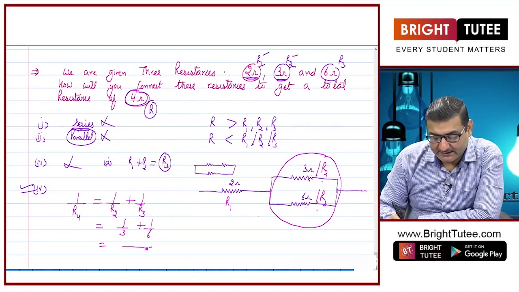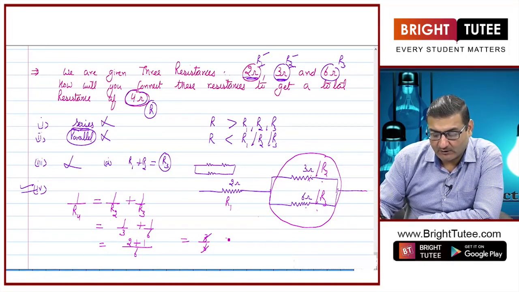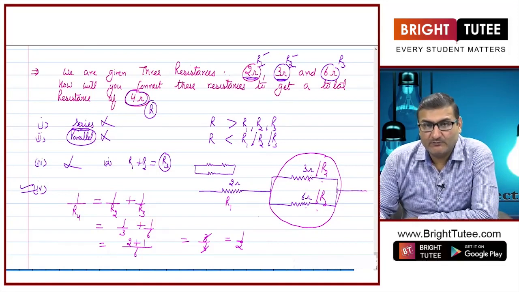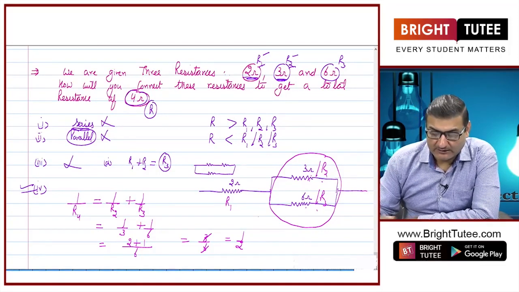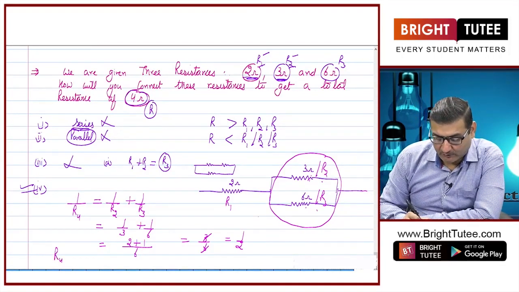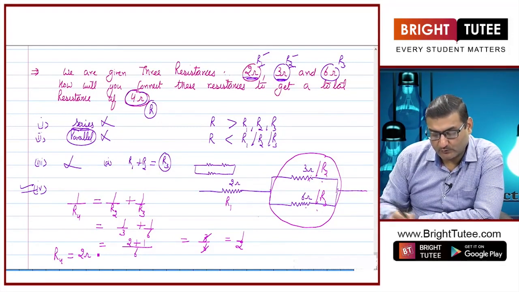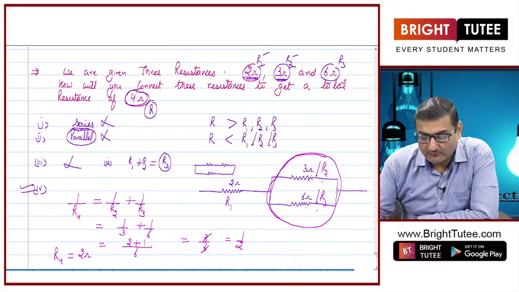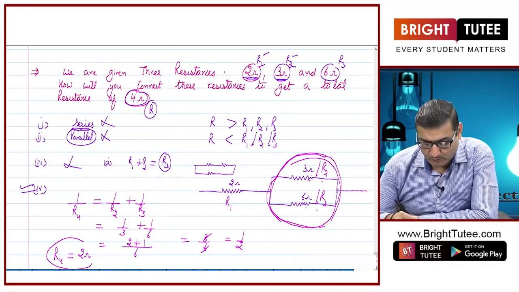Taking the LCM, LCM comes out to be 6, I will get 2 plus 1, which comes out to be 3 by 6 or 1 by 2. This is, mind you, 1 upon R4. So, reciprocal, R4 will be equal to 2 ohms. So, the combination of this 3 ohm and 6 ohm resistance comes out to be 2 ohms.